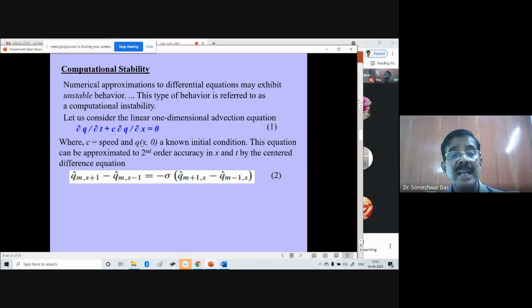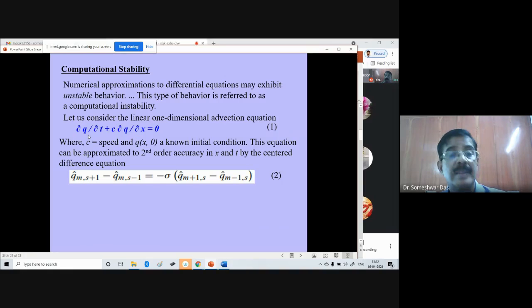Now this equation can be approximated to second order accuracy in space and time by the centered difference. You write the equation in the form of the central difference numerical technique, and it can be represented like this.